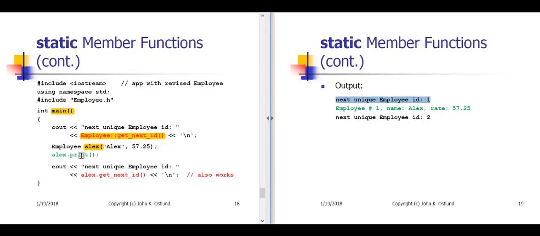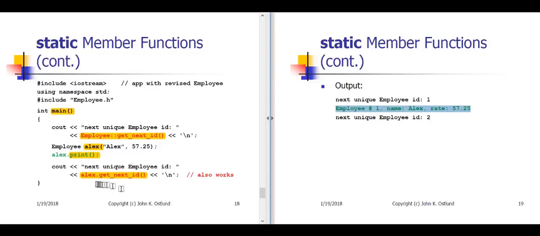When I print Alex, I'll see that Alex is employee number 1, name Alex, rate 57.25. And then, in this final cout statement, if I call getNextID, the value I'll get back will be 2, because 2 will be the value of the ID data member the next time I create an employee object. In fact, in this program, I'm not doing anything further. The program just ends at this point.